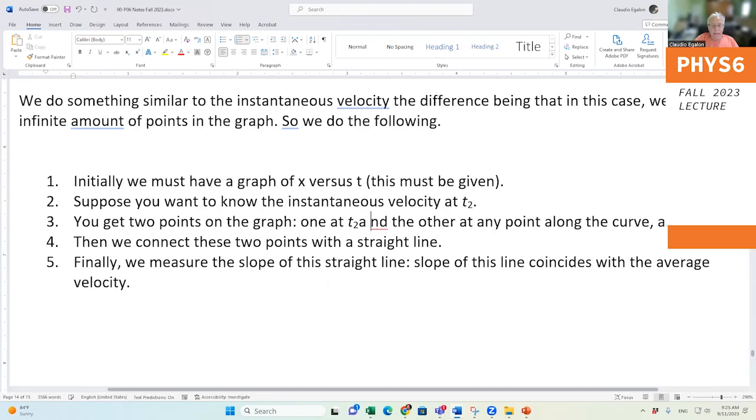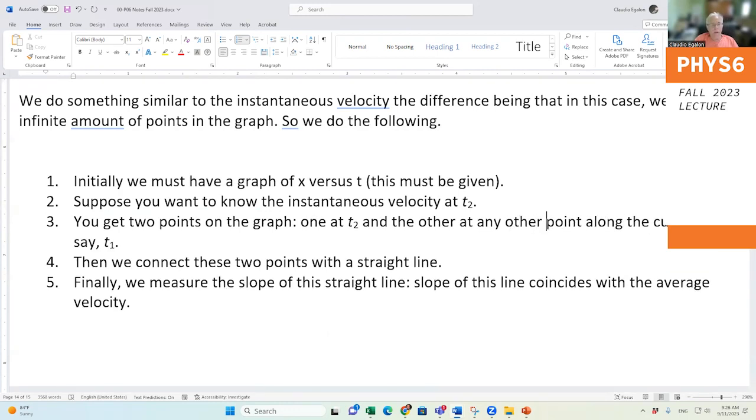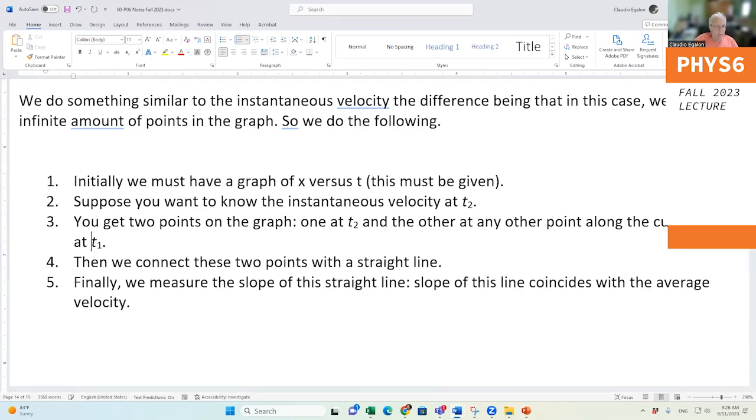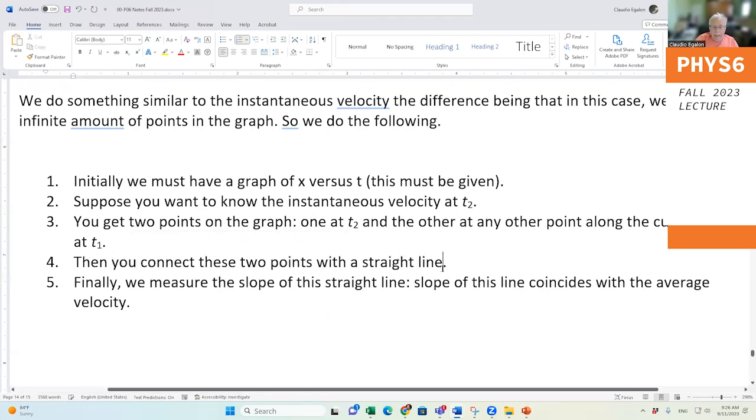One at T2 and the other at any other point along the curve, say at T1. Okay. Then you connect these 2 points with a straight line and find the slope, right?